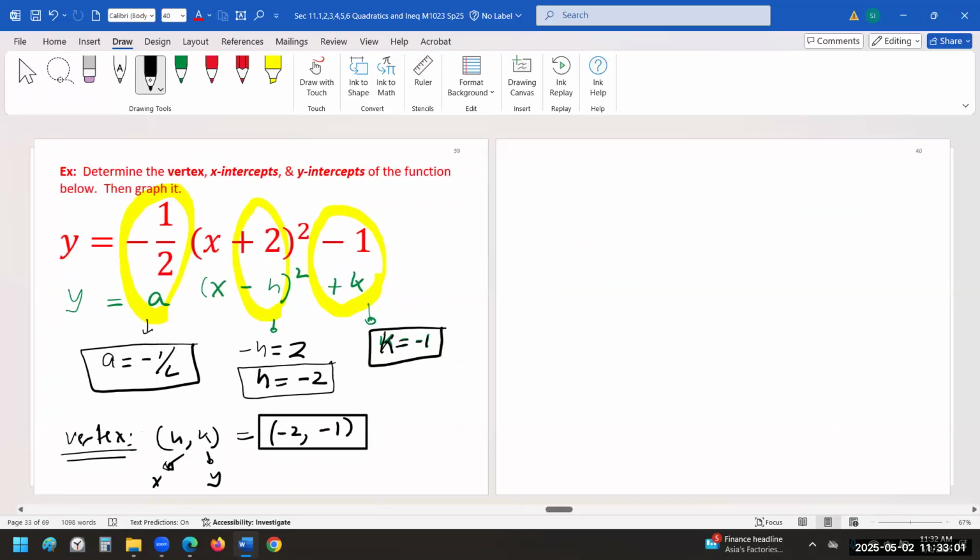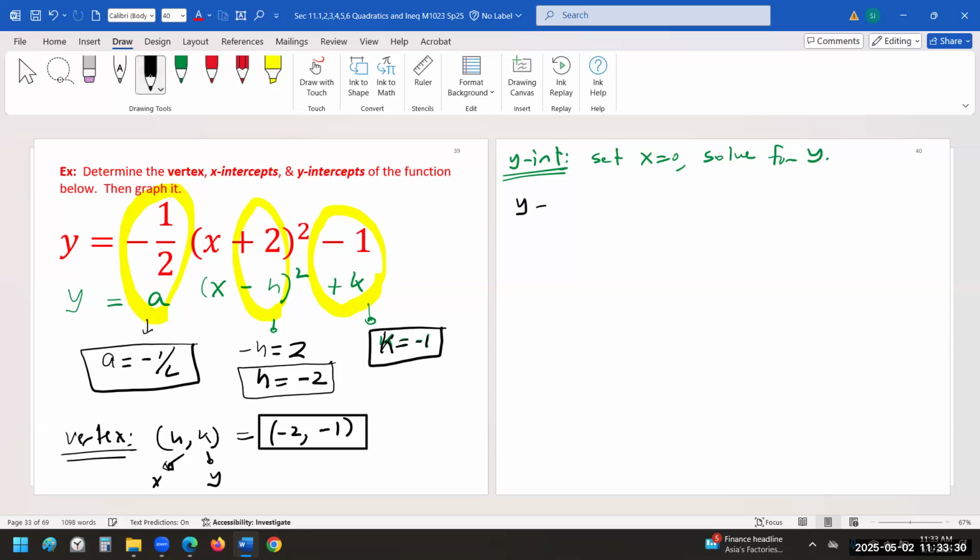Now, standard form is not good to find the x and y intercepts. Okay? Because we have to do lots of work. So let's start with the y-intercept. Just like before, to find the y-intercept, we set x to be 0 and we solve for y.